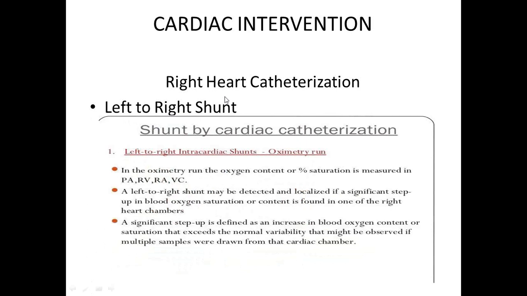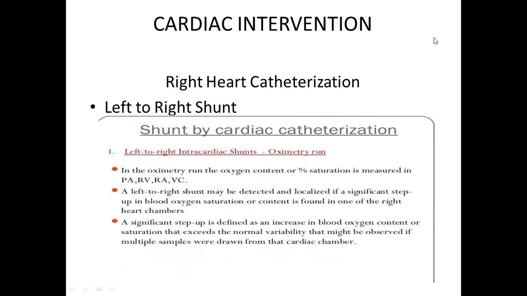So when we do an oxygen run, basically we're just going to take blood samples and evaluate those blood samples. We're going to do saturation levels. So we'll do multiple blood samples and send them to the lab, and they'll give us a saturation. Okay.